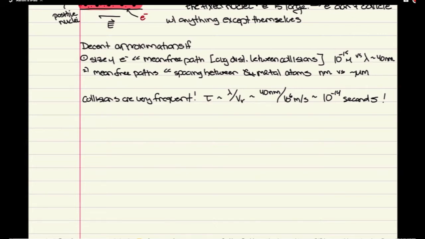If that weren't the case, if putting on an electric field completely changed how the electrons were moving, say the electric field was so strong that all the electrons essentially got in march step and all moved in the same exact direction and collisions became very small, that would actually be a kind of poor version of a model for a superconductor.